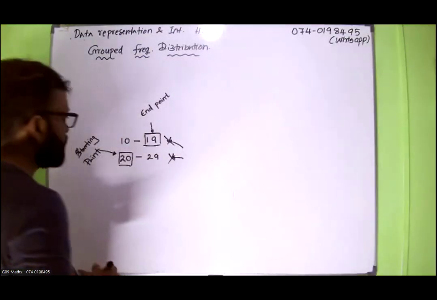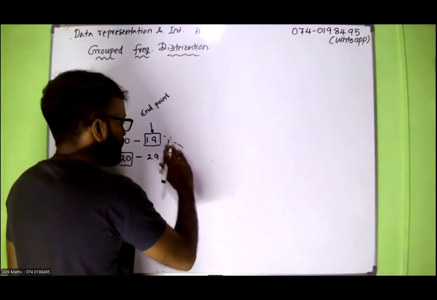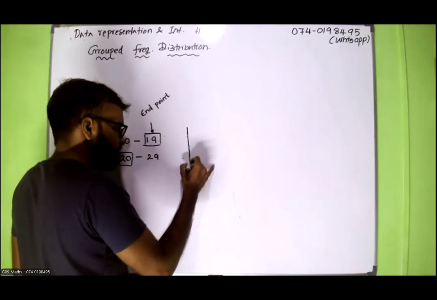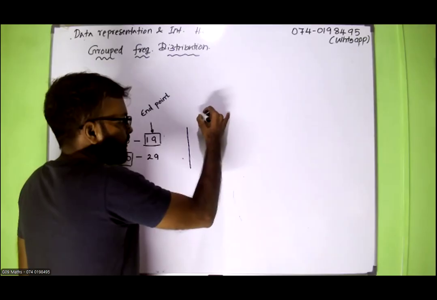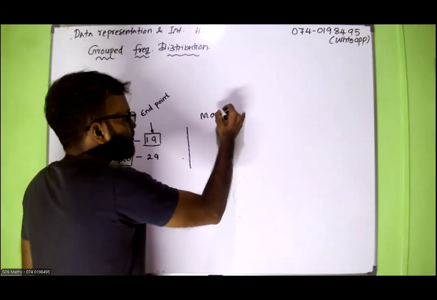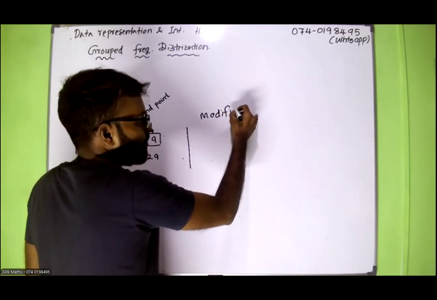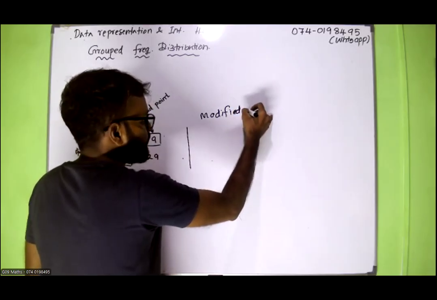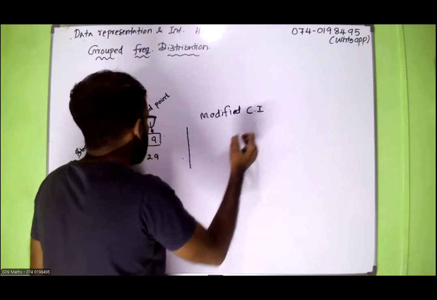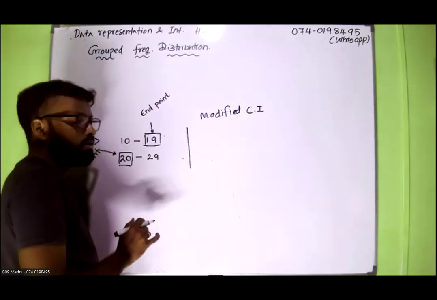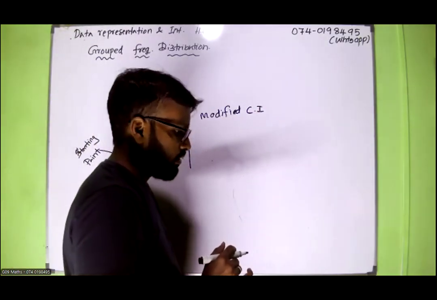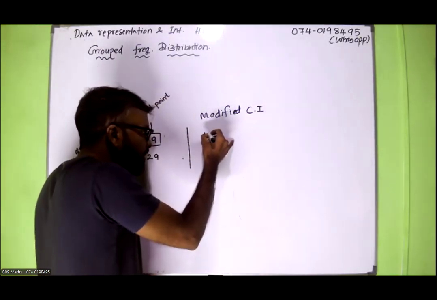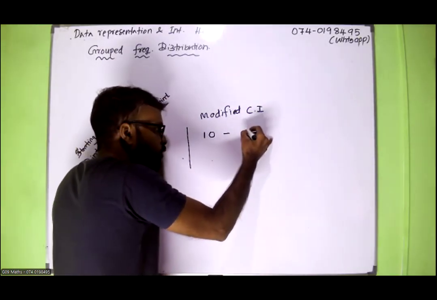Here we have 10 to 19. So the modified class intervals will be 10 to 19, and I will extend that, like 10 to 20.